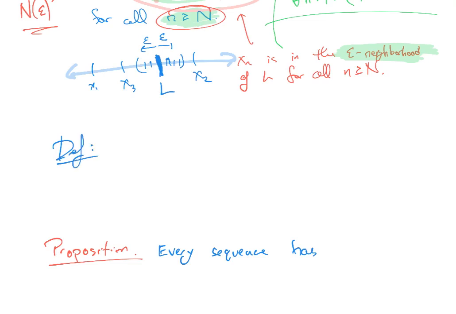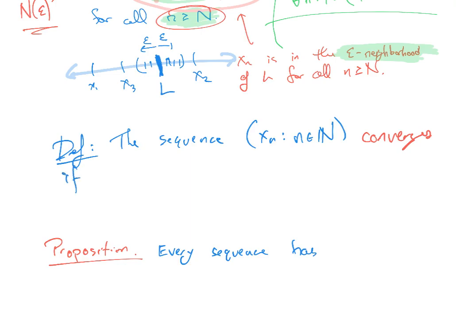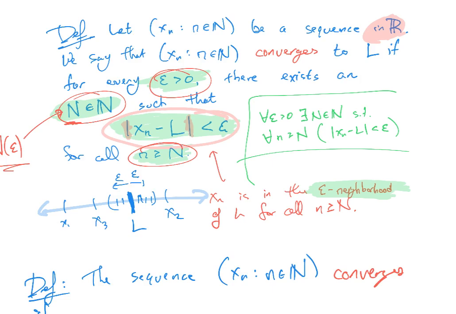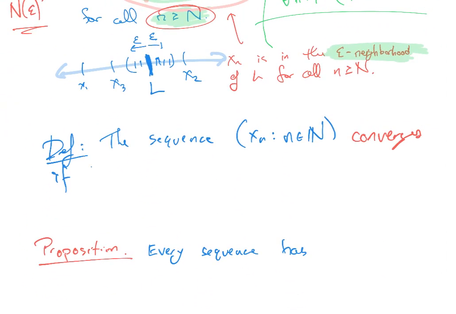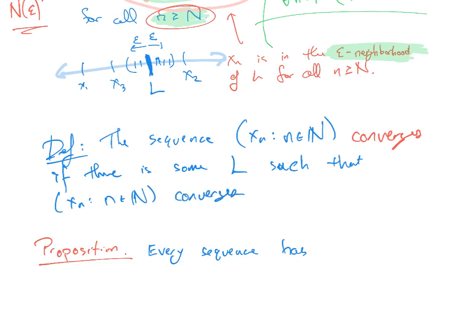Hopefully you could have guessed this, but the sequence x_n converges if, so we defined converges to L above, so this is just if there is some L such that it converges to L. Remember back to our examples we started with, n factorial doesn't converge.